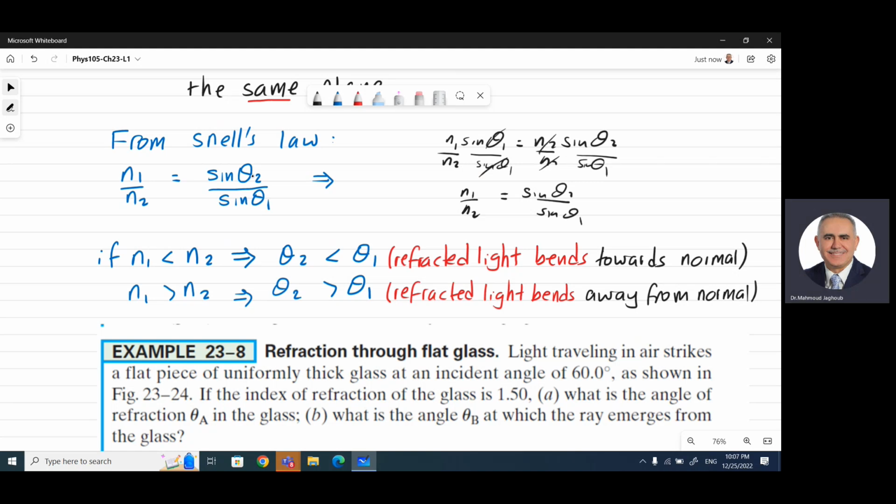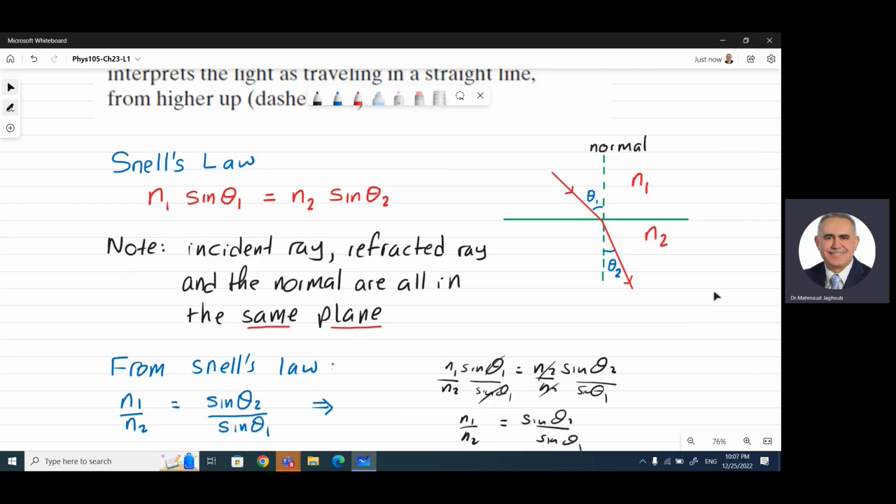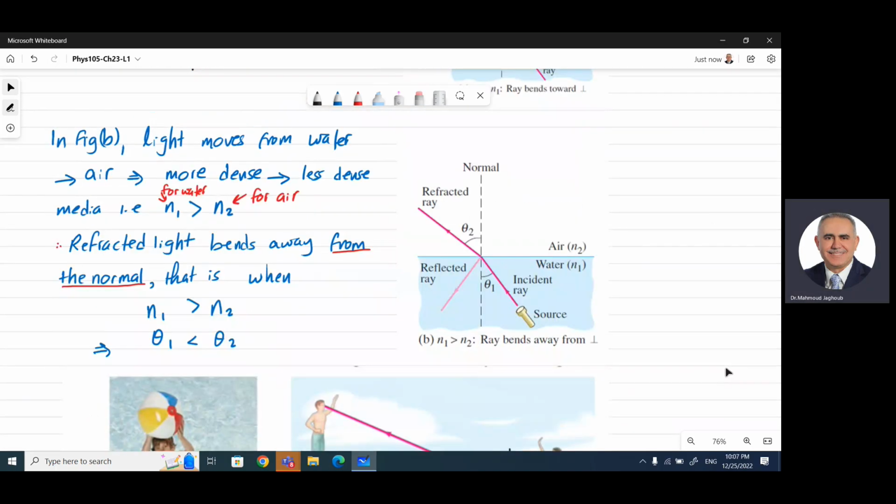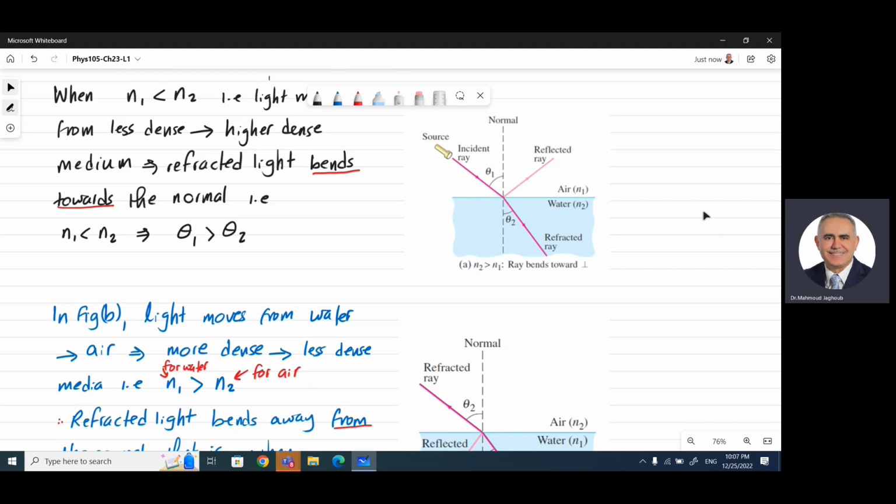Okay? Because the larger the angle, the larger the sine. So when you go from air into water, like for example this case, this angle is less than this angle. Meaning, as I said, it bends towards the normal.